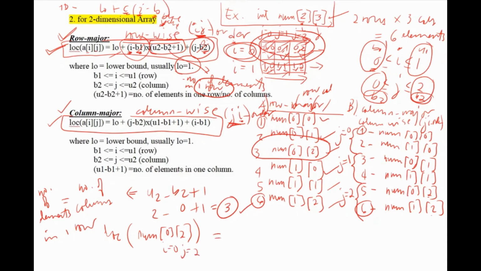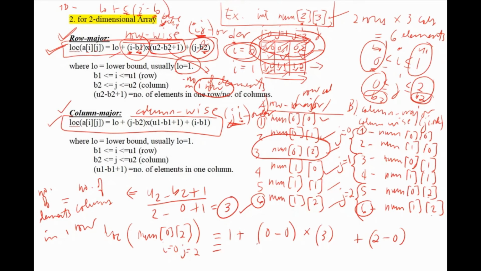And from the formula, L sub O is 1 plus the I is 0 minus B1 is 0 times u2 minus b2 plus 1 is, as we have obtained a while ago, equal to 3, plus your j is 2 minus 0.